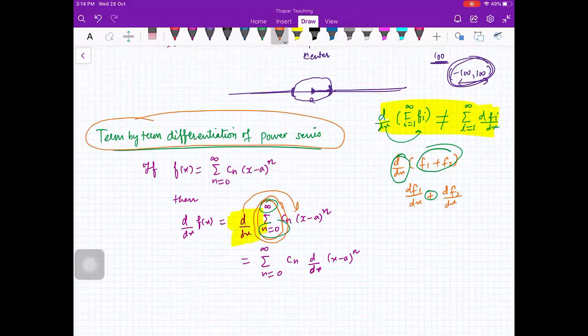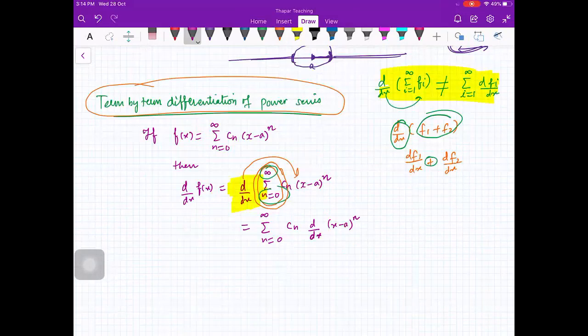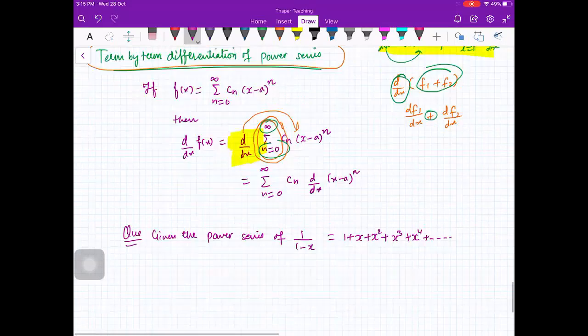Fine. So let me give you an example. Given the power series of 1 upon 1 minus x as 1 plus x plus x square plus x cube plus x raised to power 4 and so on, find a power series of 1 upon (1 minus x) square.